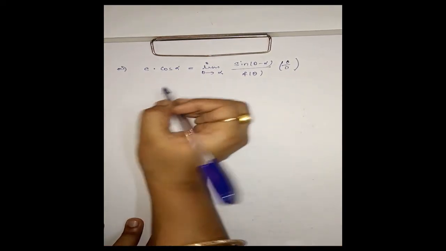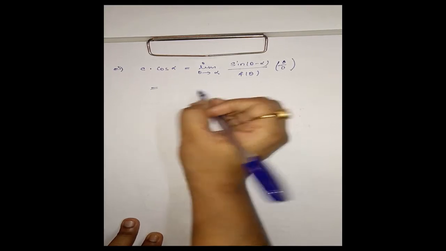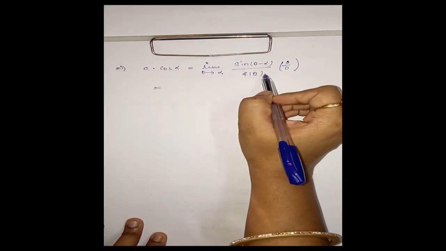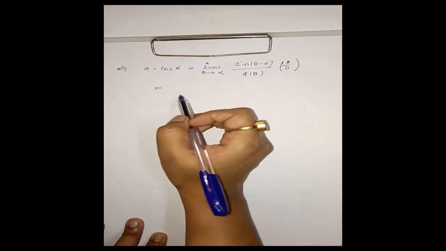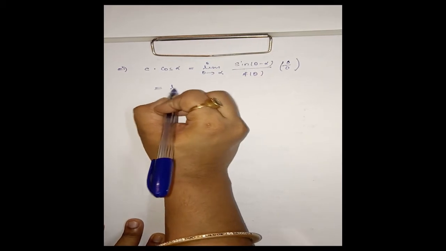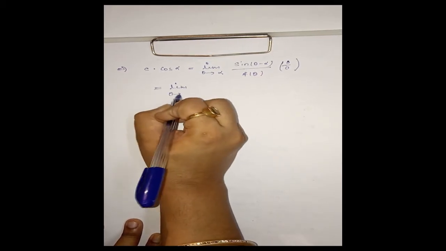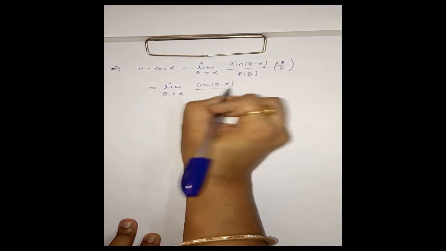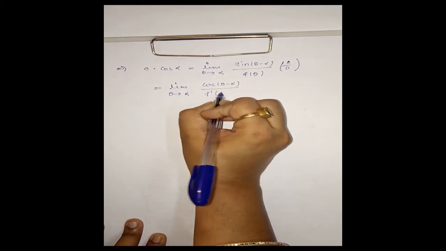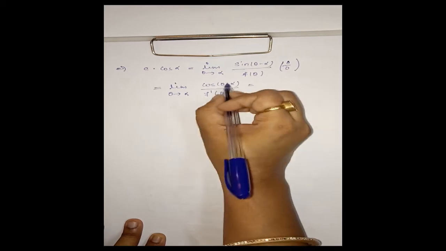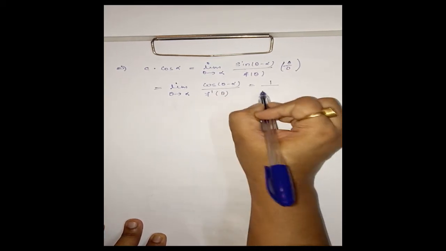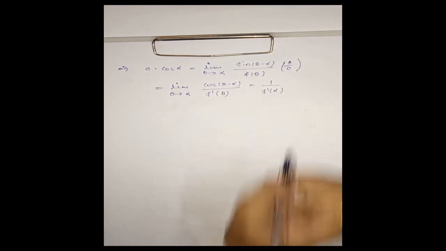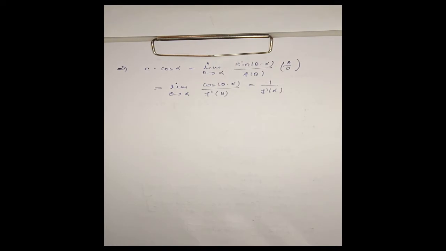Now applying L'Hopital rule and differentiating numerator and denominator separately, I get this as limit theta tending to alpha cos theta minus alpha upon f dash theta, and on taking limit this is cos 0 which is 1 and this is 1 upon f dash alpha. This is the value of c.